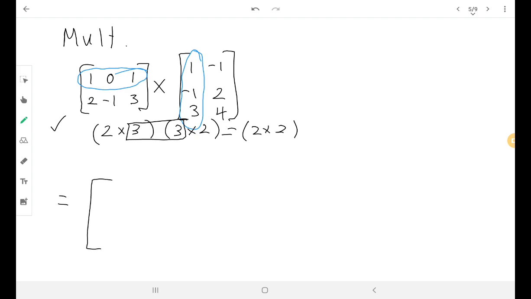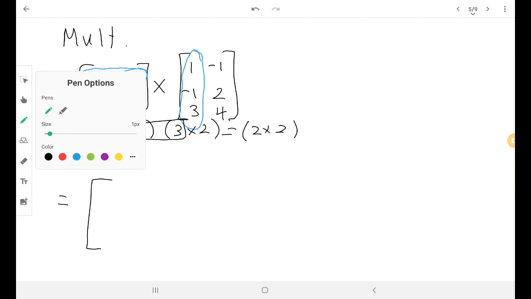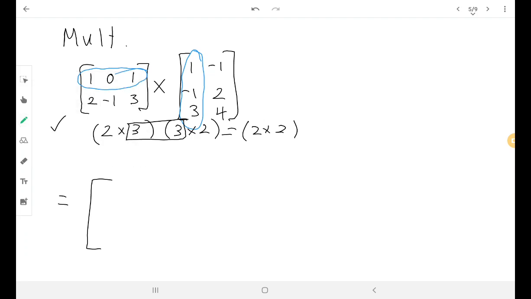So, in order to create that 2 by 2 matrix, we're going to take the first row and the first column, okay? And what I'm going to do with those numbers is first number with first number, second number with second number, third number with third number, and I'm going to multiply each one, and then I'm going to add them all together.